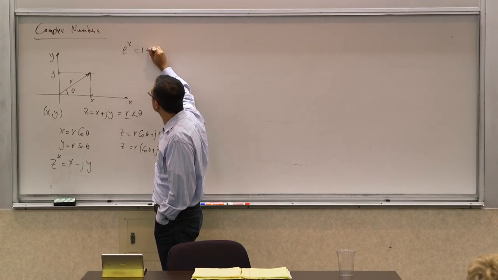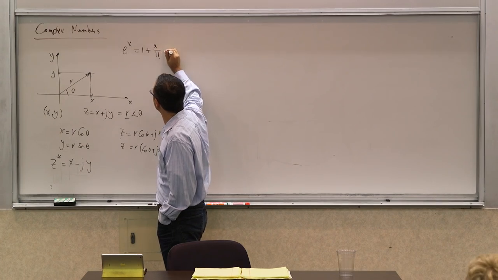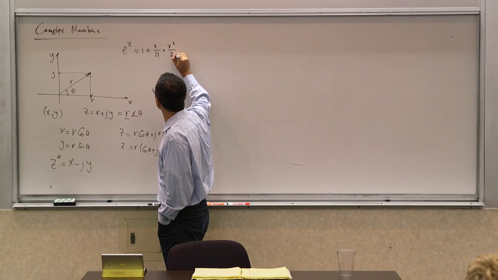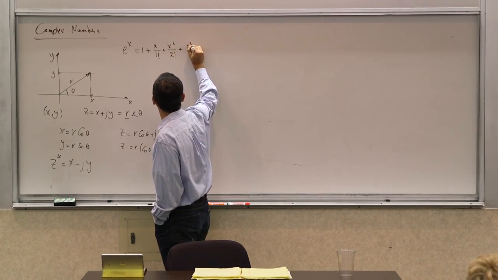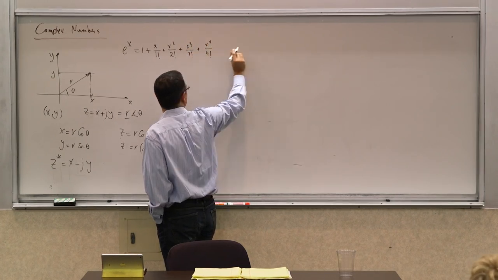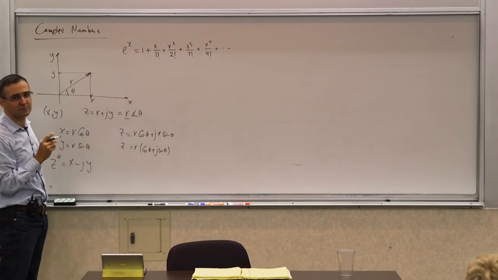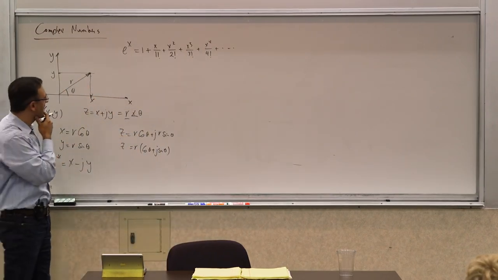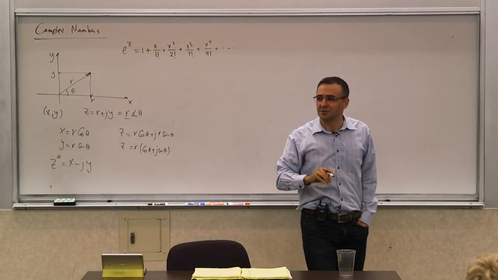It's 1 plus x divided by 1 factorial plus x squared over 2 factorial, and so on and so forth, x cubed over 3 factorial, x to the 4 over 4 factorial. I can keep going. Right, so that's e to the x. It's really x to the 0 divided by 0 factorial, the first term, if you think about it.